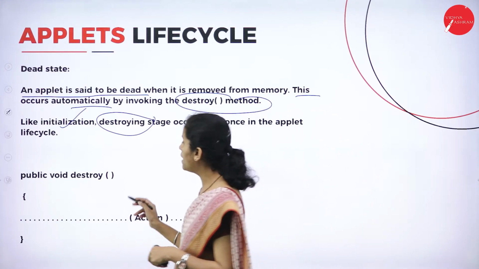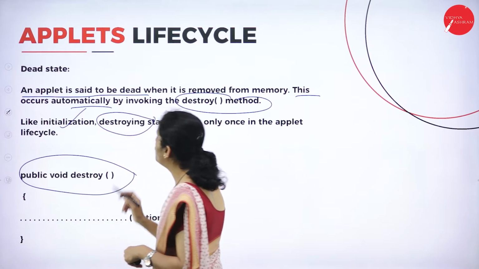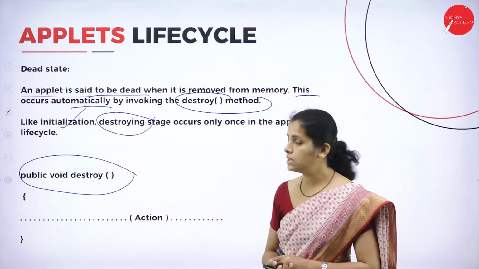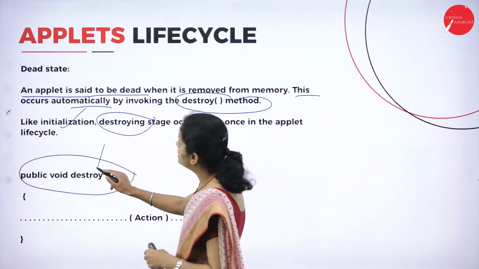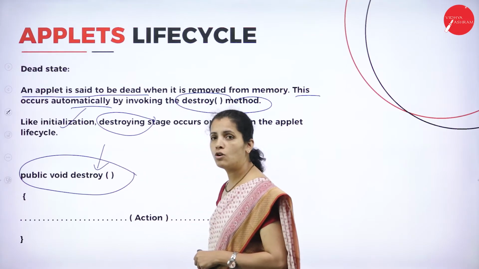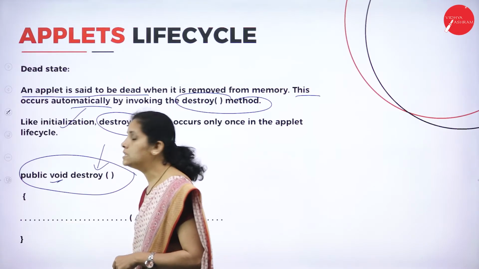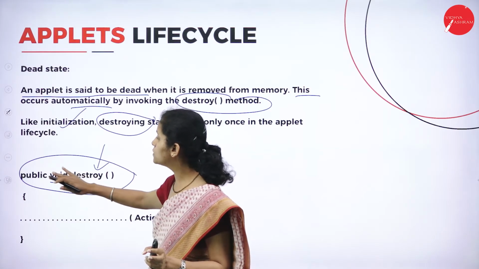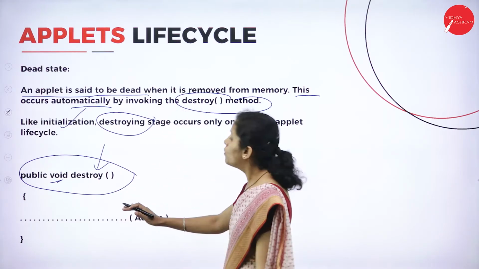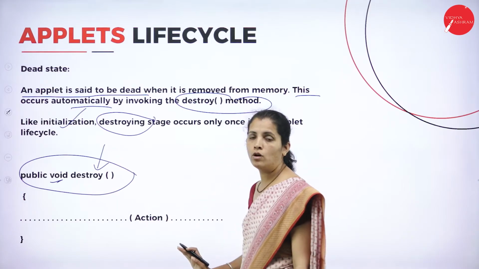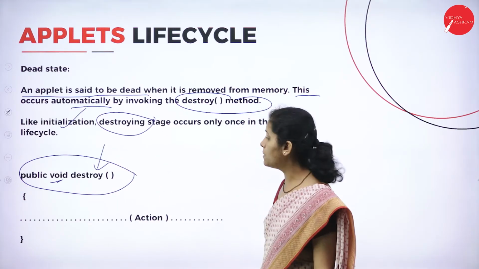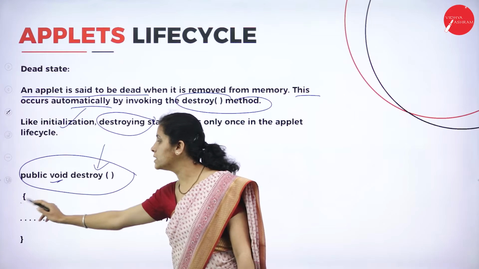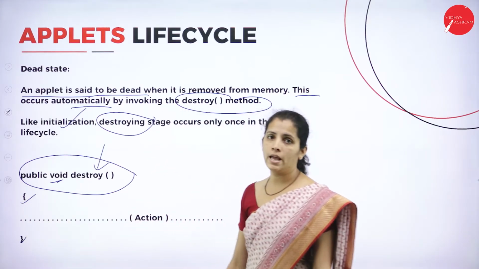Now I'm going to have the syntax for destroy method. What is my method name? That is destroy, and it is void, it does not return anything. For that reason, it is void and public. Now, whichever applet I want to stop, whatever the code is, I'm going to write all those things within the curly brace.